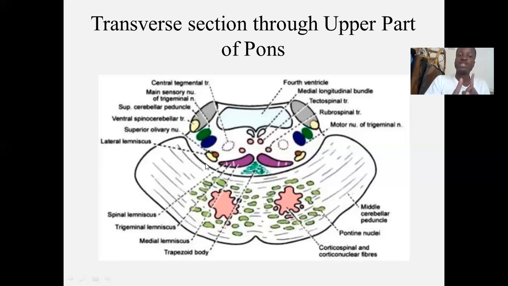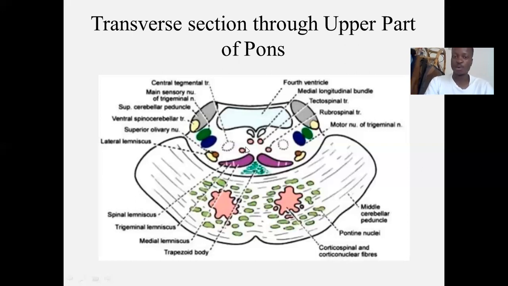But as the medial lemniscus ascends, it twists so that the fibers from the lower limb go lateral, and those from the upper segments go medial. So it has a somatotopic organization that is different from what you see at the lower levels of your medulla and even the spinal cord.